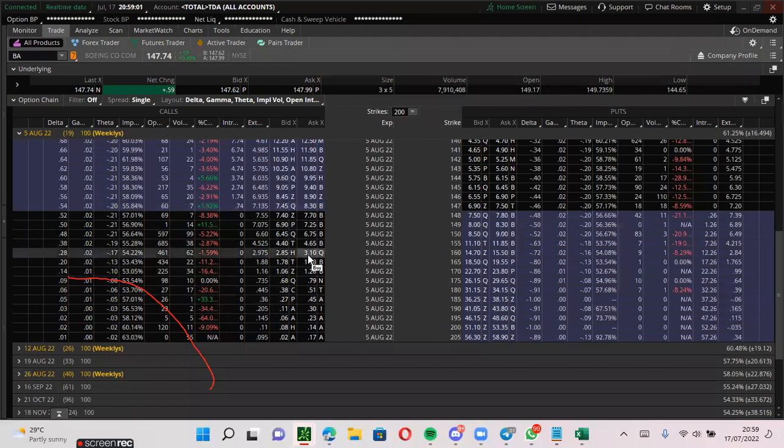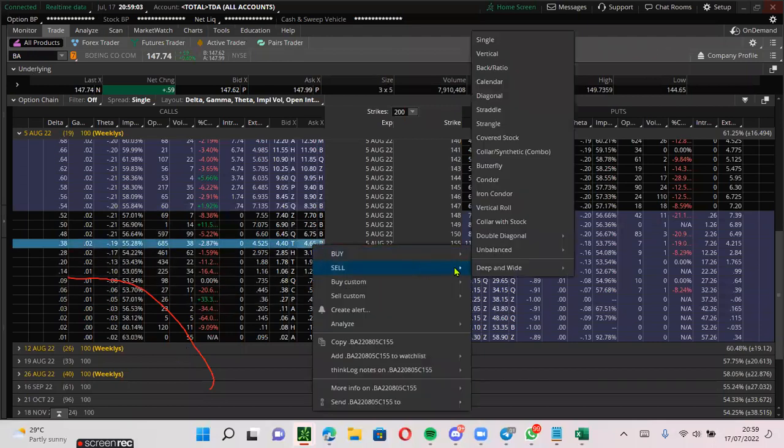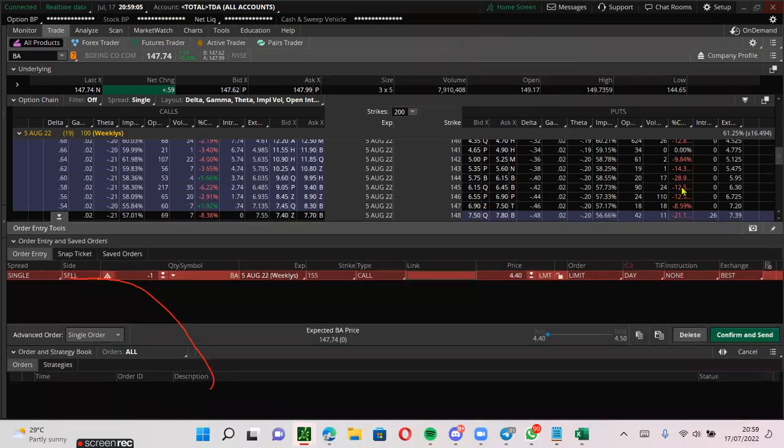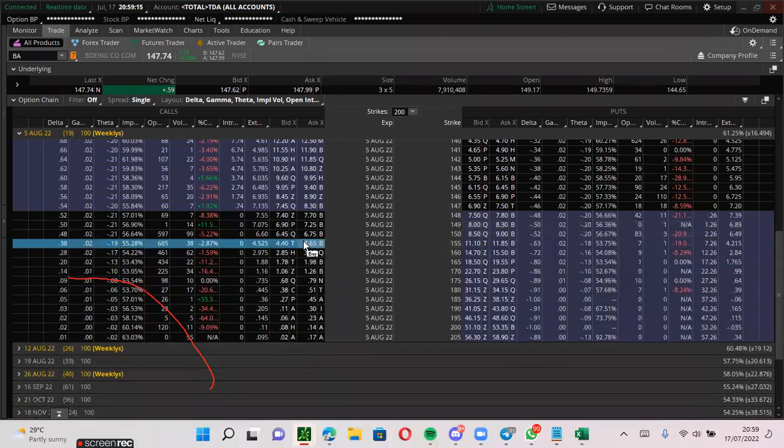Okay, so let's say 155, you are selling this one, right? So you are trying to sell it for 4.50. Okay, you sold it at 4.50, and if the stock comes to 155 on the 5th August when it expires, then this option contract will have the value of $0.